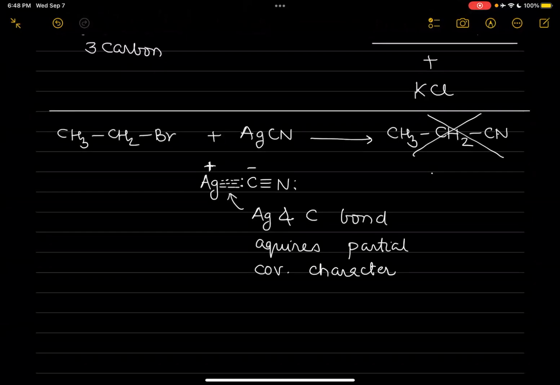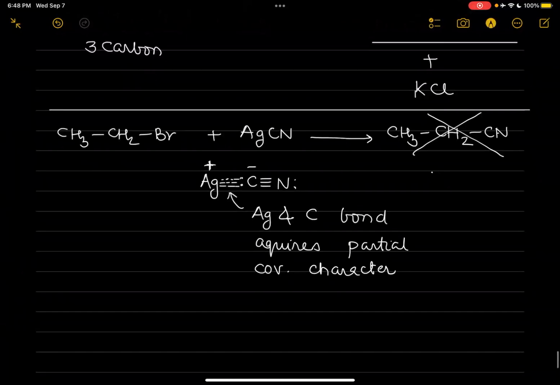Okay. Now, if the carbon is getting involved in the bond formation, so now who is going to attack? There is one more characteristic of CN, Ryan, and that is the CN is actually an ambidentate nucleophile.